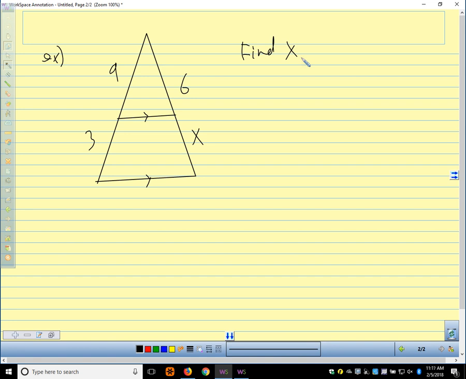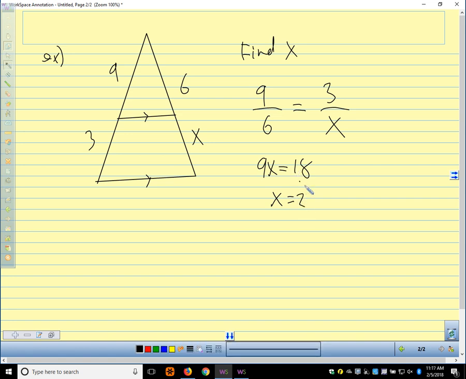So we know it divides the sides proportionally. 6. So let's write a proportion. We're in chapter 7. Let's write a proportion. So what kind of proportion do we want to write? Who can help me out with a proportion? This is a 9. So 9 over 6 equals 3 over x. That will work. Then we cross multiply. 9x equals 18, divide by 9, and x equals 2.